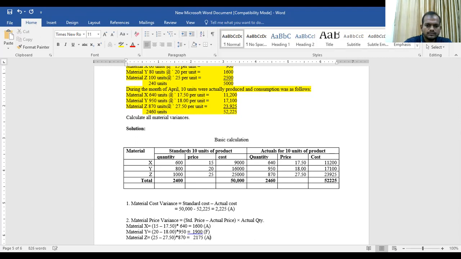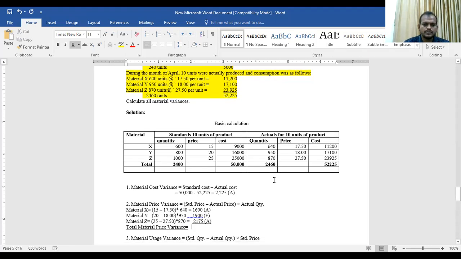It is also adverse variance. So total material price variance is equal to, adverse is higher, 1875 adverse.